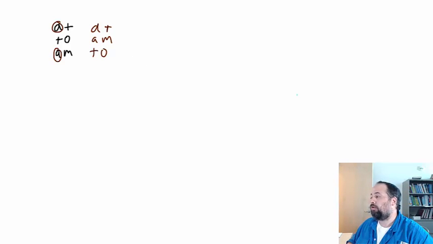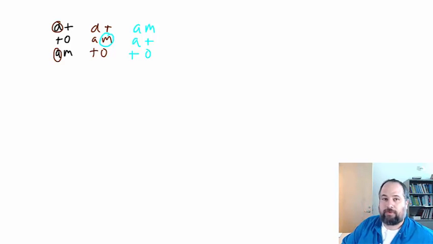Then we order based upon the second character, so we know that M's going to come before T, so it's going to be AM, AT, and then TO. That's dictionary order. We've been doing that our whole lives. This is no different. We just need to formally define that, and that's what lexicographic order is.